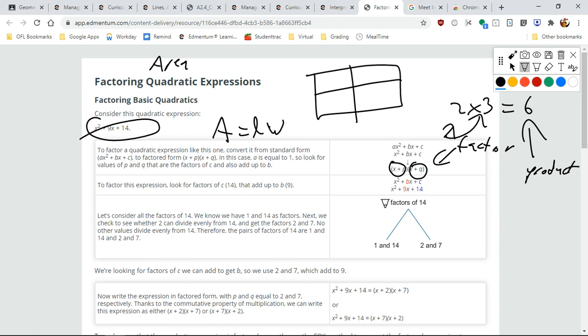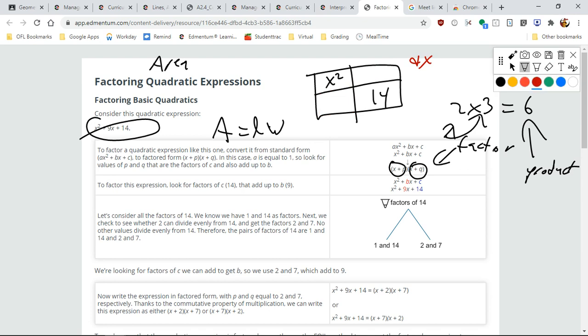That's what factors are. The reason the area method works is because of length times width. So if I put this idea of x squared, 14, and this 9x, basically saying that whatever this is plus whatever this is equals this 9x, that's going to help us out.